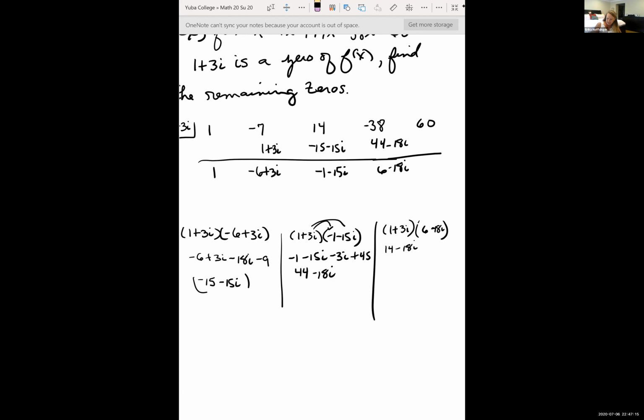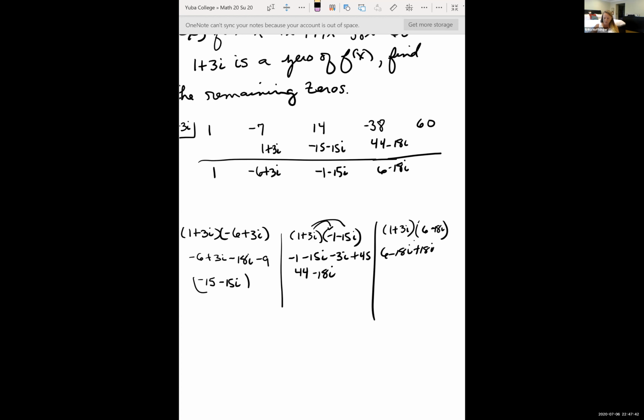If I pull a 6 out of there, you'll notice that that's actually their conjugates, 1 plus 3i, 1 minus 3i. But anyways, let's just distribute. So this gives me 6. This gives me -18i. 3i times 6, that's plus 18i. That has to cancel, which they do. And positive 3i minus 18i, 3 times 18 is 54.